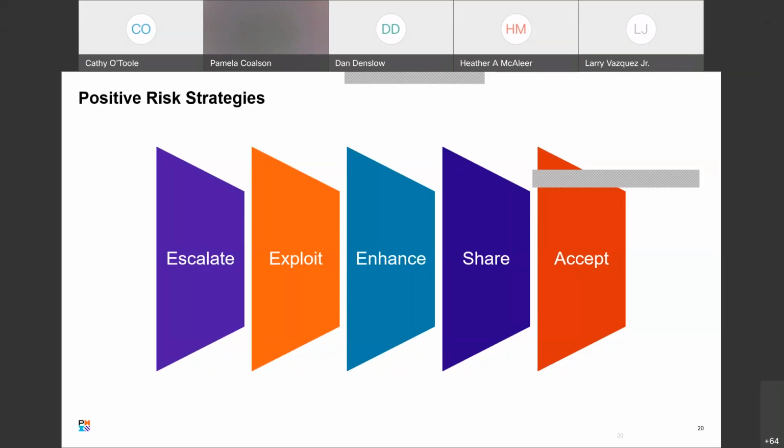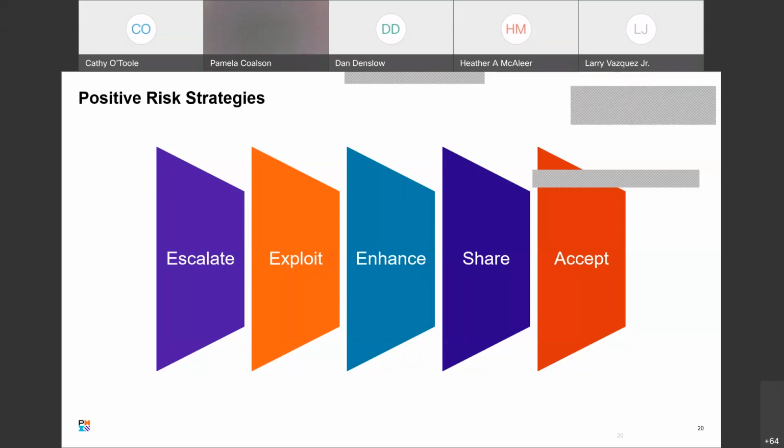You're having a positive outcome from your risk, and so you want to exploit that and turn it into an opportunity to show everybody that it happened. And in certain circumstances, that's a very positive thing.